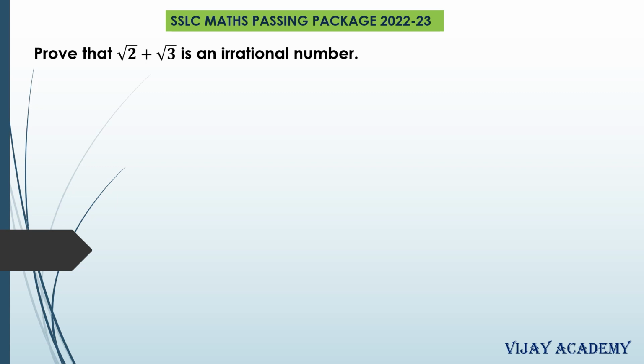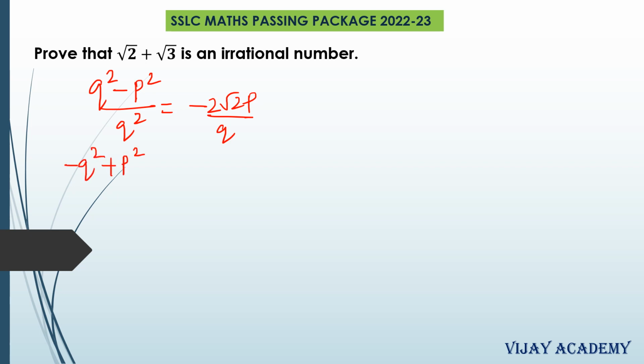Let me write the same step here: q square minus p square divided by q square, which is equal to minus 2 root 2 p by q. Now change all the signs because in the RHS we have a negative sign. So we get minus q square plus p square by q square equals 2 root 2 p by q.